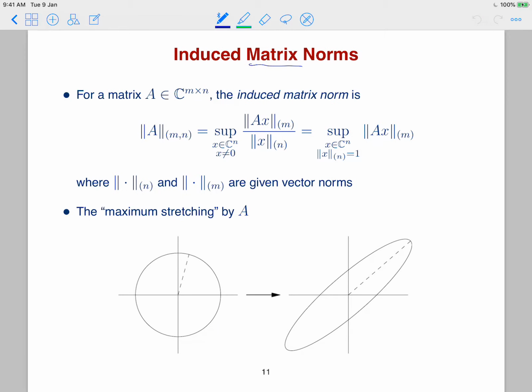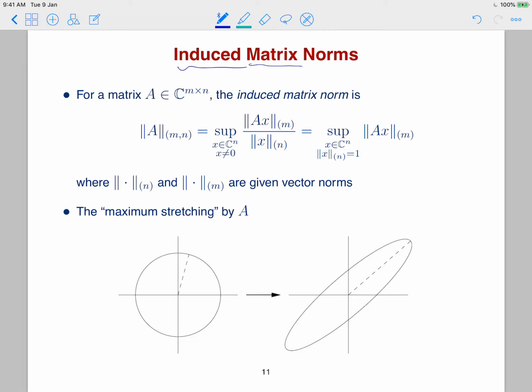In this case, we consider the input as a matrix instead of a vector, and then we consider the matrix norm. There could be many different matrix norms, and here in this slide it says induced matrix norm. So what does this induced norm mean?